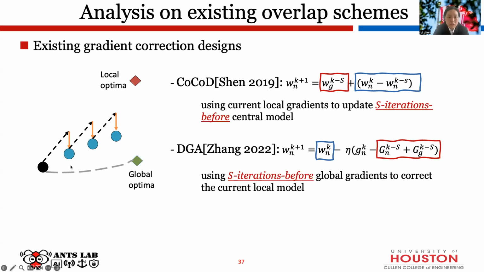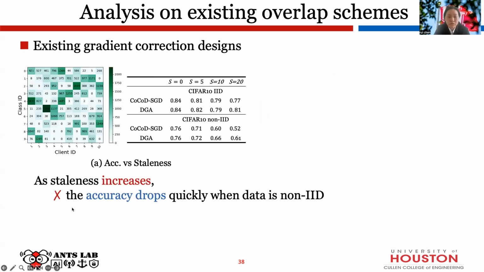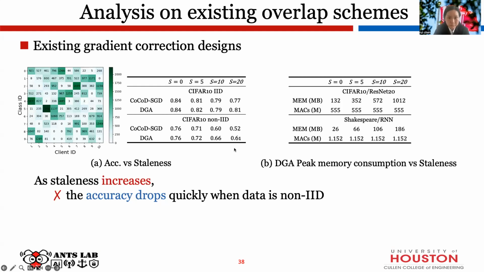However, such differences are related to the staleness level, and we find that the accuracy can drop very quickly when the staleness level is very high and the clients have non-IID data distributions. It indicates that the gradient correction can only bring limited benefits in bounding the model differences when the data is highly heterogeneous and in high staleness scenarios.